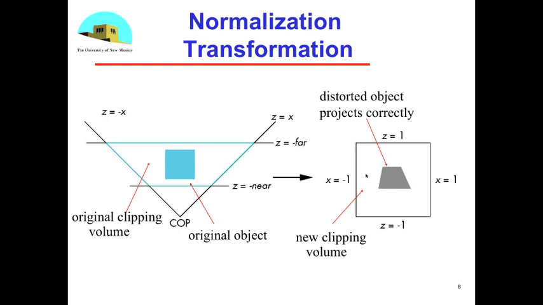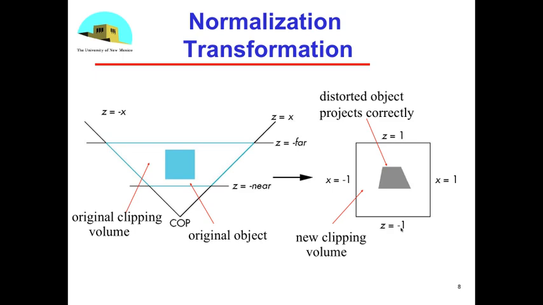And again, the clipping volume has become this really nice clipping volume, which is exactly what I want. The clip coordinates, I've converted into the planes x equals 1, x equals minus 1, y equals 1, y equals minus 1, z equals plus or minus 1.